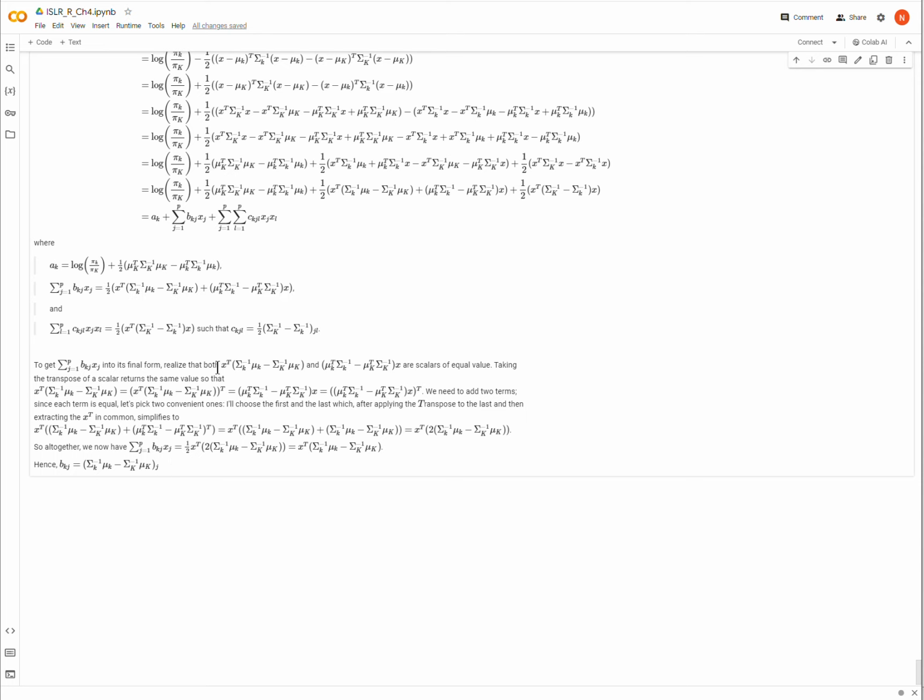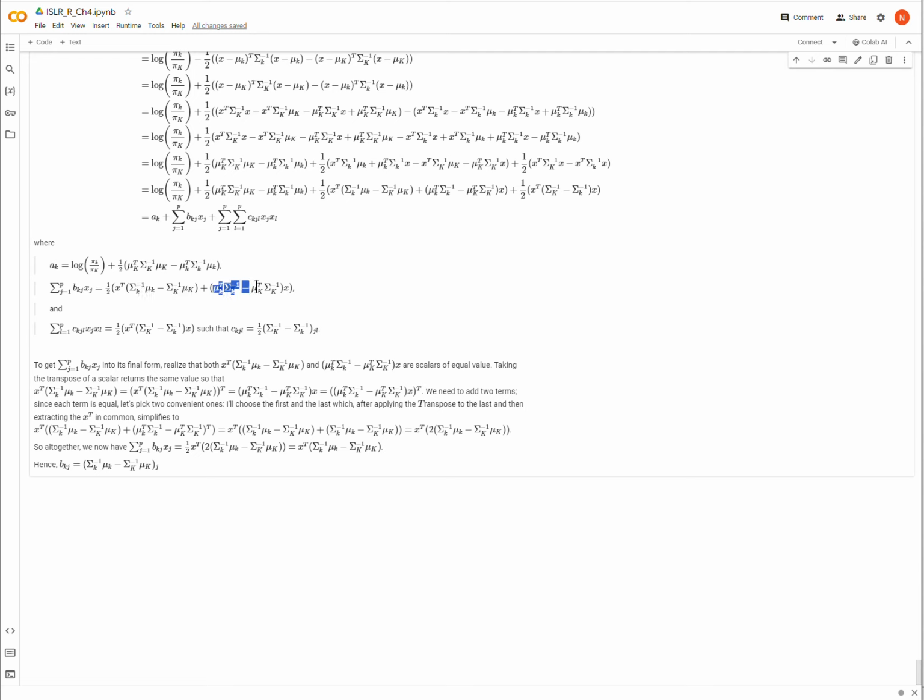The way that I did it was first to realize that this expression, which is just this right here, and the second part, these are just scalars. In other words, if I multiply this x transpose through all of this, I get a scalar value, which is just a single number.